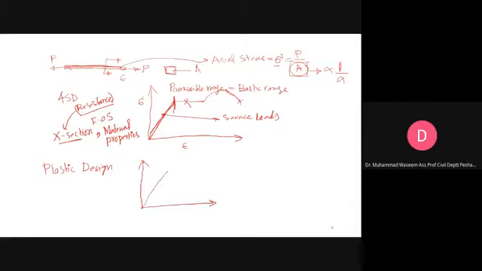The loads will be in the elastic range here, but you design your member for the plastic range, so that the stresses in your member are at the verge of plastic.